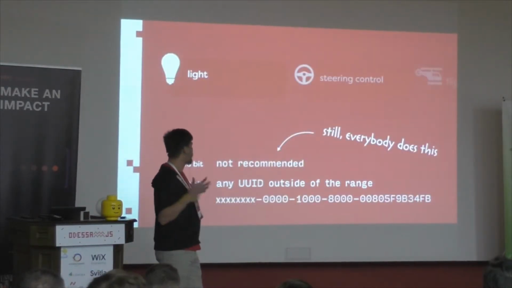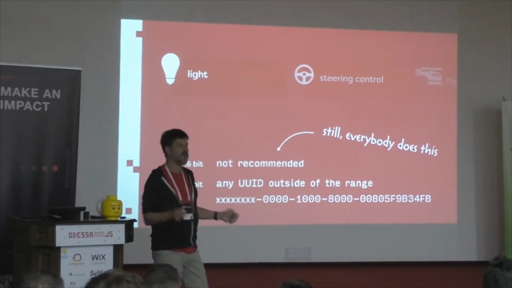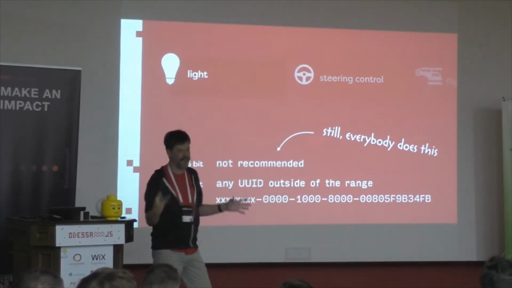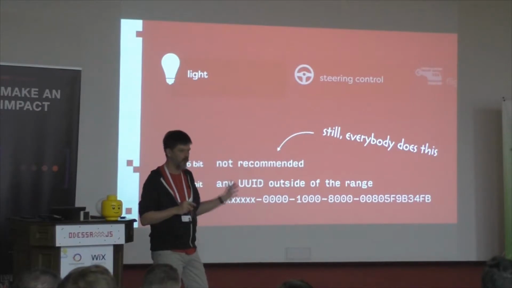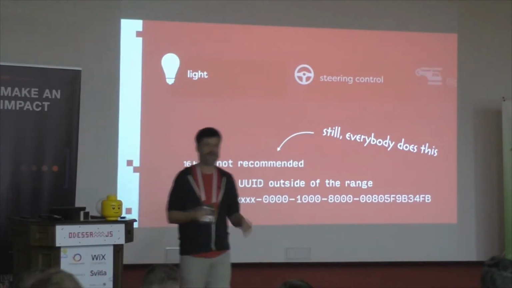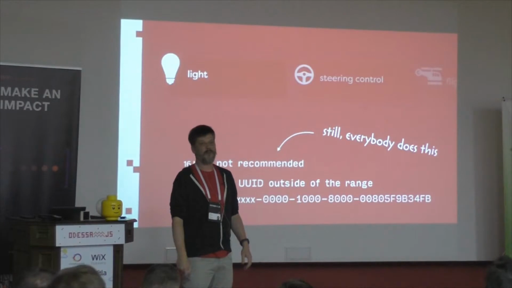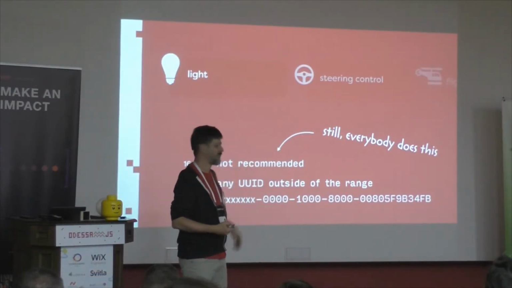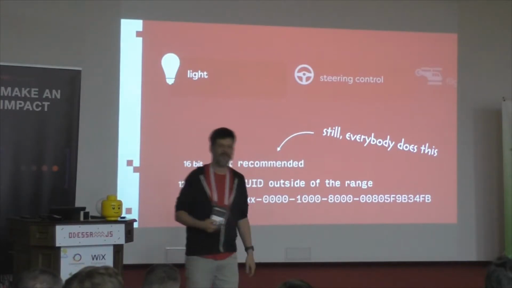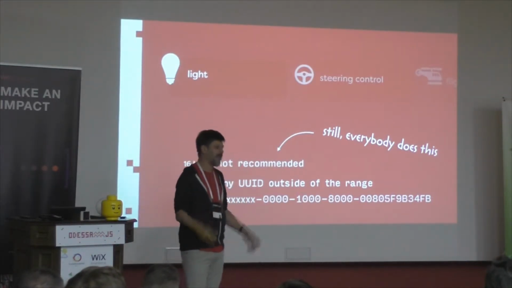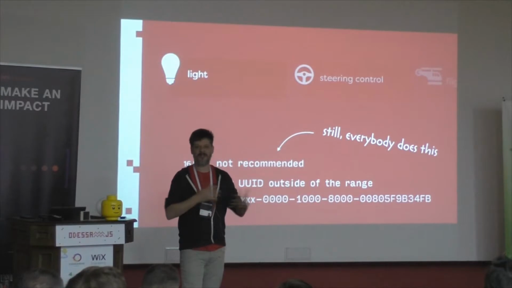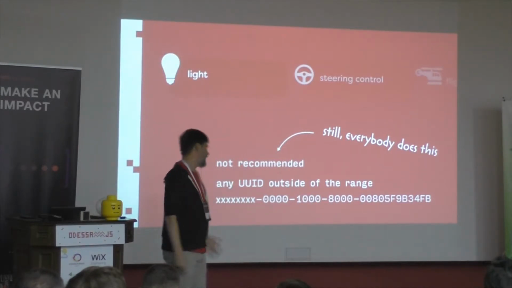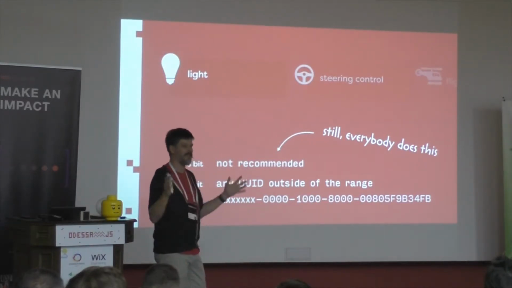If you have a non-standard one, you can only use the 128-bit version of the UUID and not the smaller one, because those are reserved for standards. And of course, nobody listens to the standard, and everybody uses some 16-bit UUID anyway. And so we have some clashes. But yeah, standards, who cares about standards?